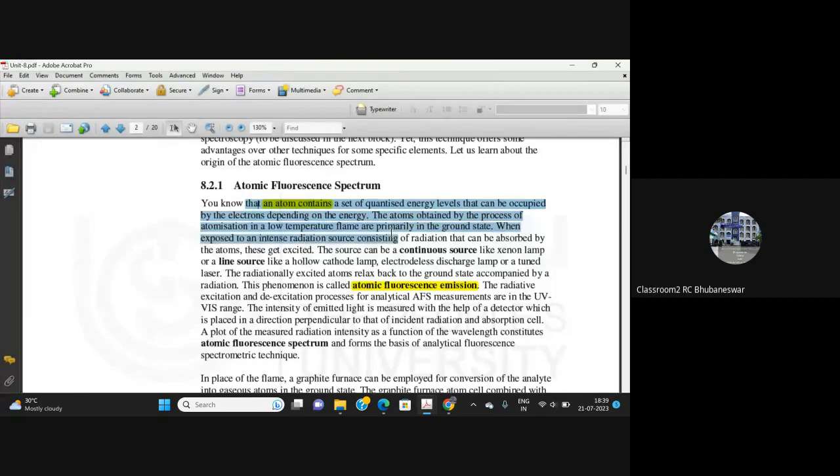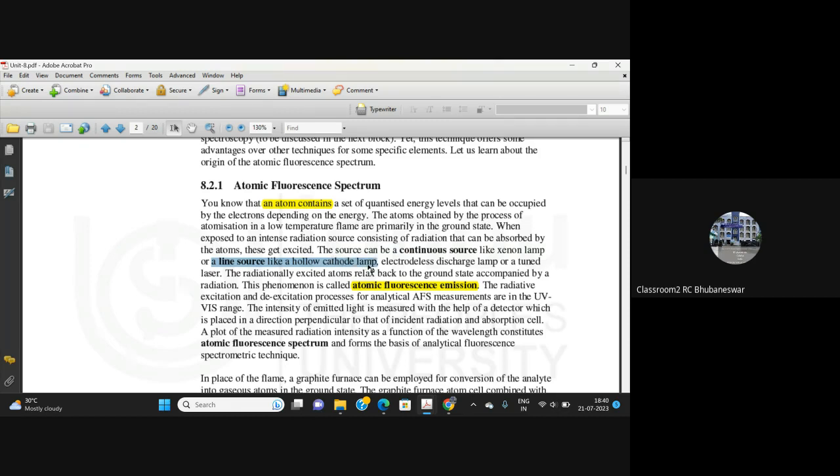When exposed to an intense radiation source consisting of radiation that can be absorbed by the atoms, they get excited. The source can be a continuous source like a xenon lamp, which we discussed last class in fluorescence spectrophotometry, or a line source like a hollow cathode lamp.